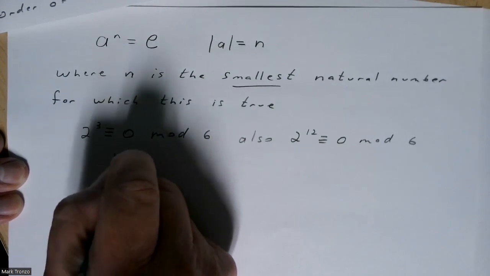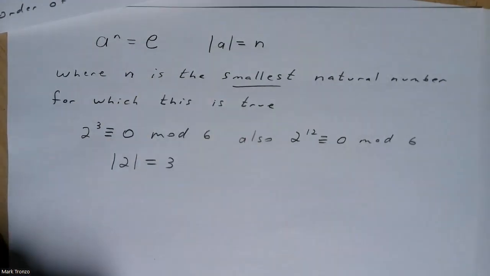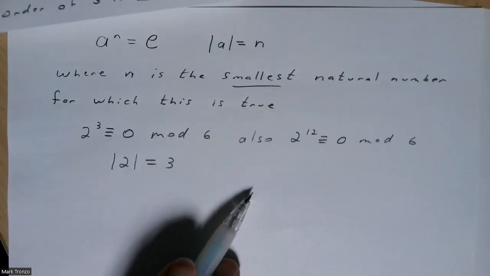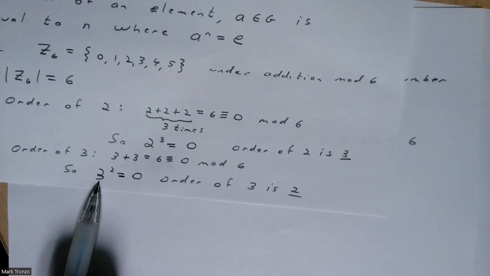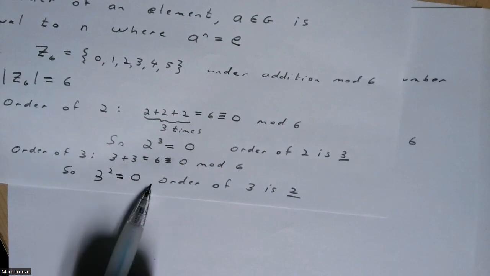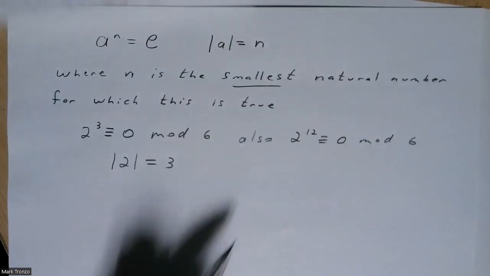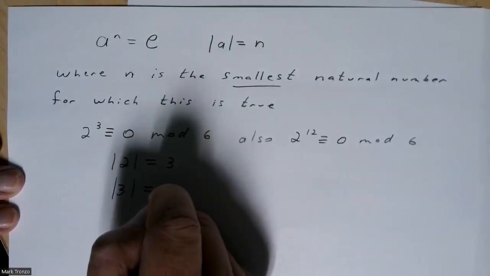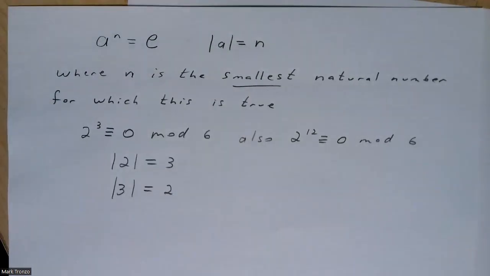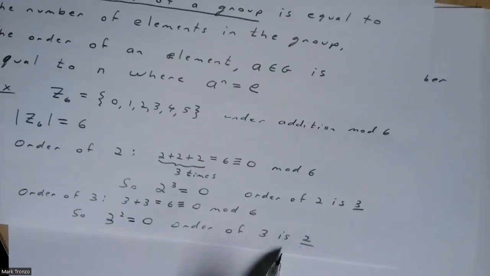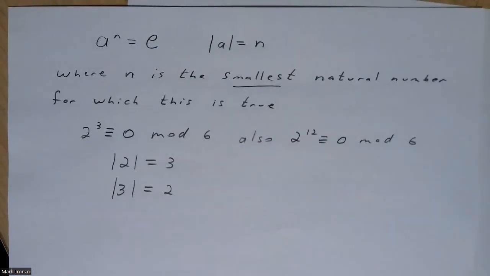So in this case, the order of 2 was equal to 3. Same thing with 3. It had the order of 2, because we could also have done any multiple, let's say the 8th power, which would also give us 0, but we want the smallest natural number that gives that, so the order of 3 would be 2. That's why we picked 3 for this and 2 for the order.